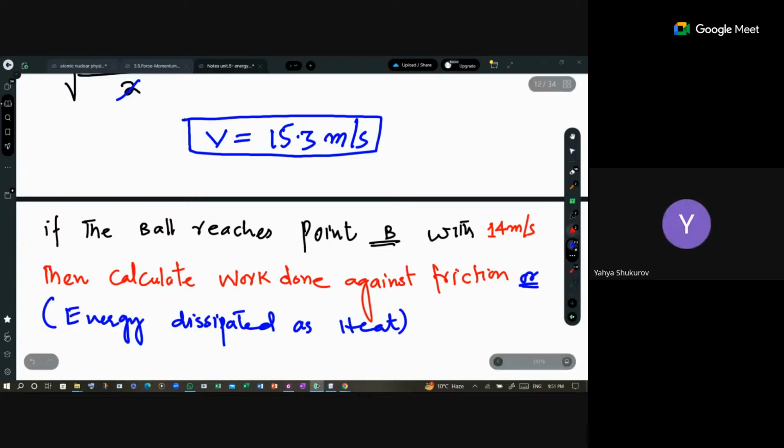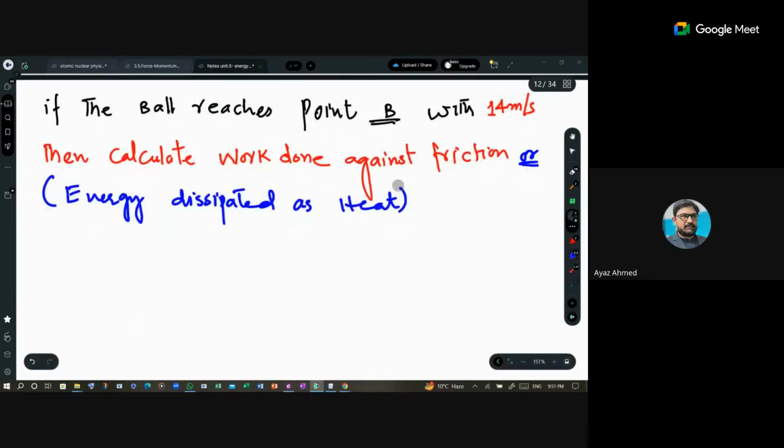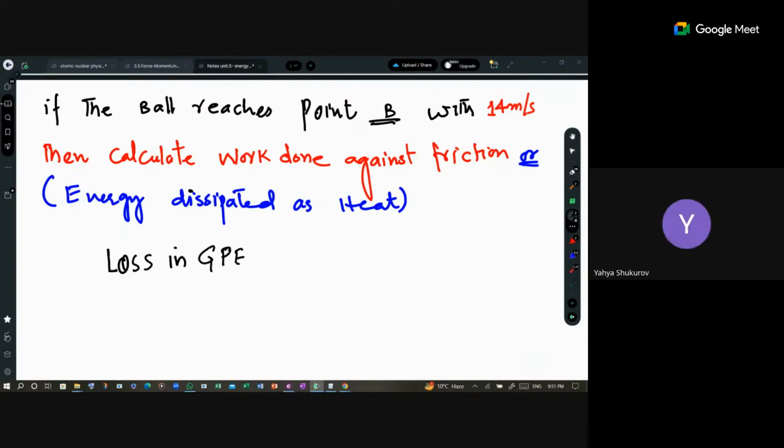Now in this case, loss in gravitational potential energy minus gain in kinetic energy is equal to work done against friction.